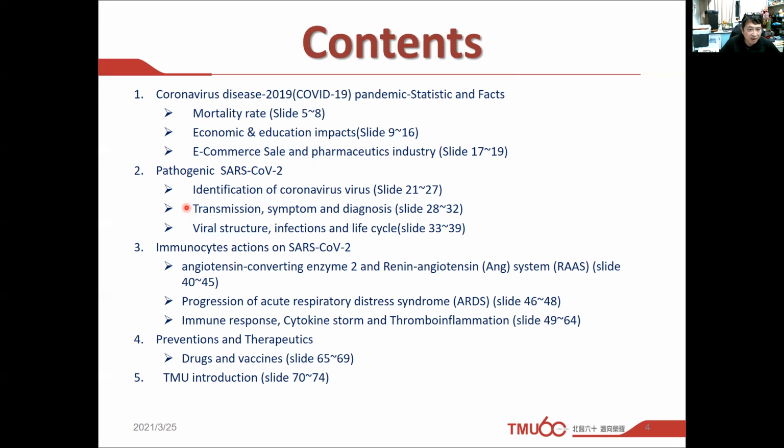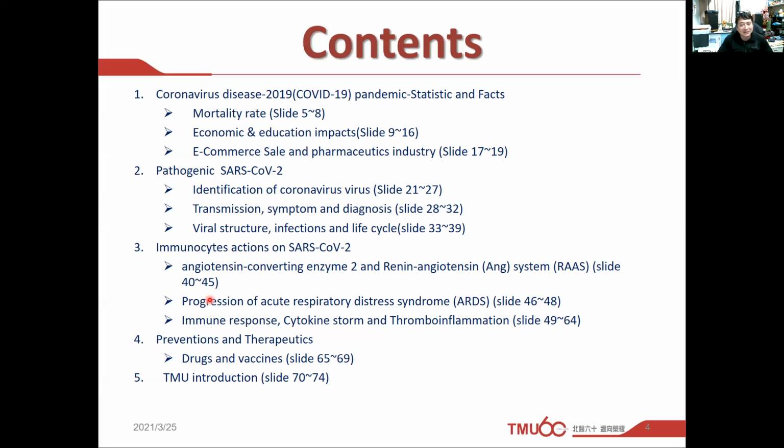The third part, I would like to go to the immune response to SARS-CoV-2. This will show you how the virus binds to the ACE2 receptor, leading to imbalance of the RAAS system.